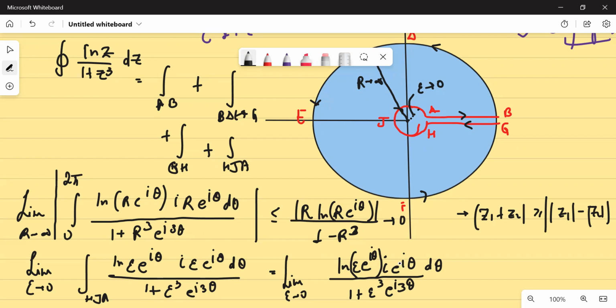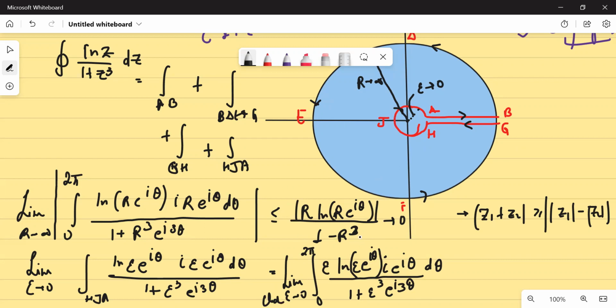Remember that I'm integrating from 0 to 2π in clockwise fashion, so I'll write clockwise here, because along HJA I'm moving clockwise.